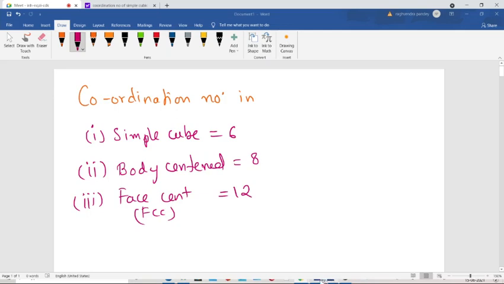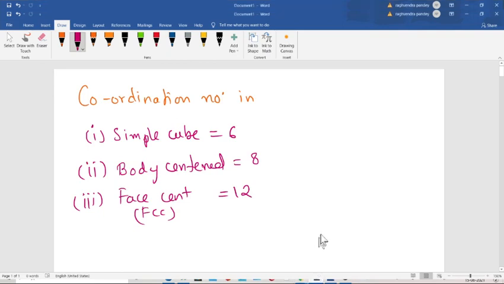Anything you want to ask? Okay, so that is your coordination number and the question we just solved. The question is good. I will send this question to everybody.